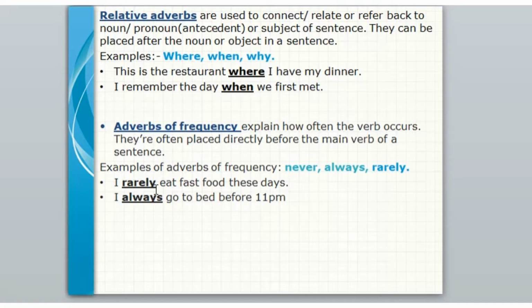So here rarely, students, is the adverb of frequency. You see how it is placed. Eat is the verb here and it is positioned before the verb. Next one. I always go to bed before 11 p.m. Go is the verb here and it is placed before the verb.